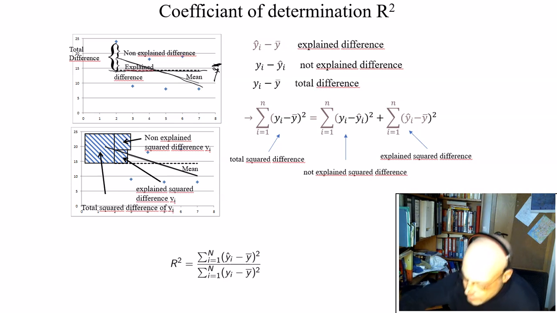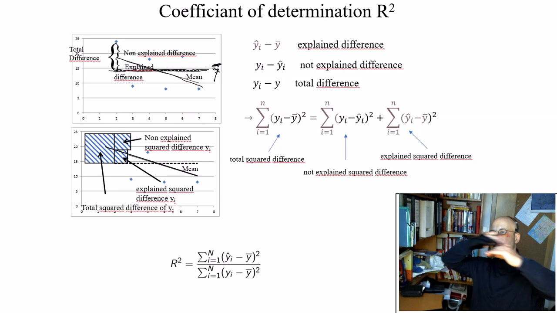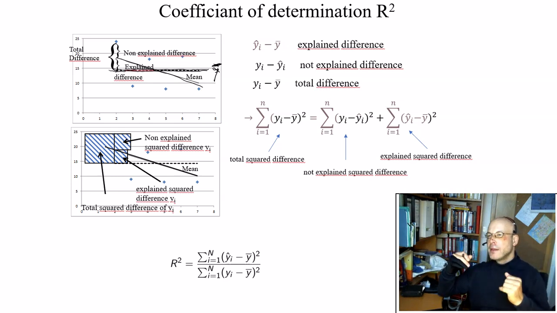So to speak, if you are turning this horizontal line, which is representing your mean, into the fitted line, then on average your data points are fluctuating now not that much around this fitted line compared to your horizontal line representing the arithmetic mean.